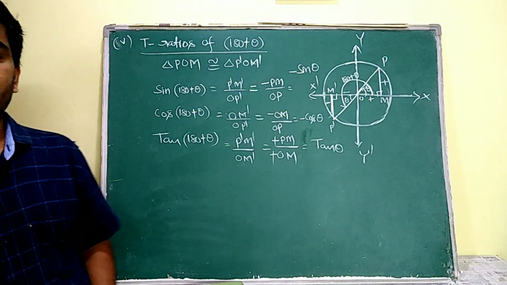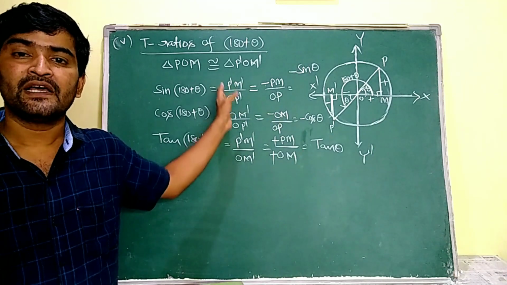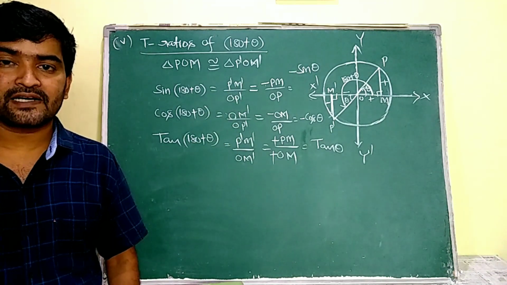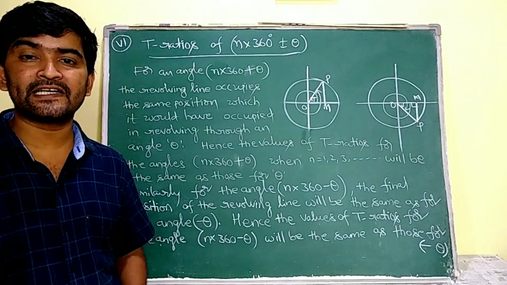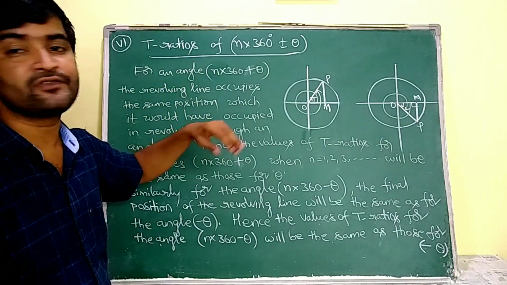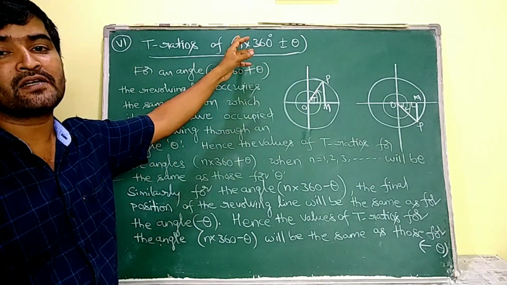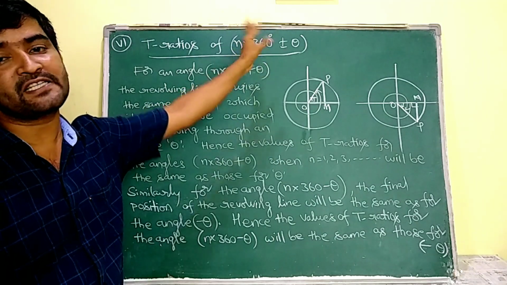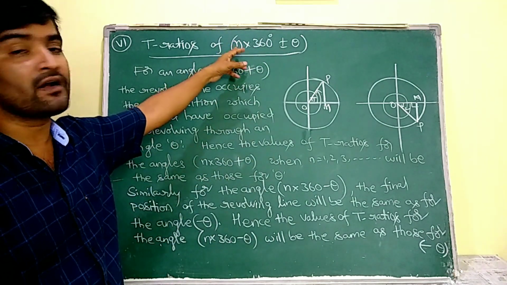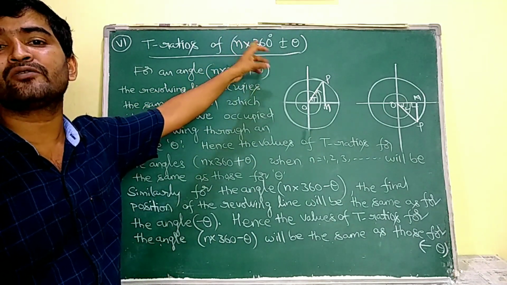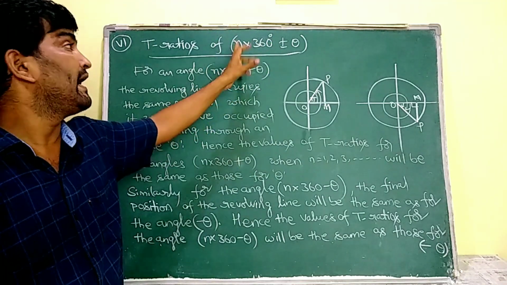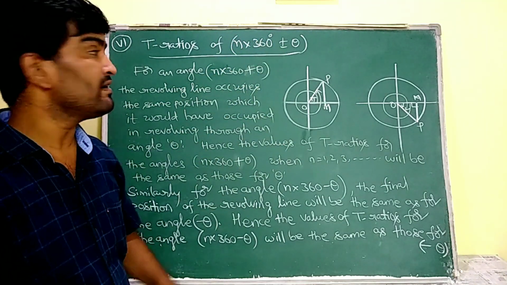Similarly, we are going to find the trigonometric ratios of the reciprocal angles. This is the final theoretical concept: trigonometric ratios of the angles of the form n into 360 plus or minus theta. Here we are going to discuss two cases. n into 360 plus theta is one, n into 360 minus theta is the other.